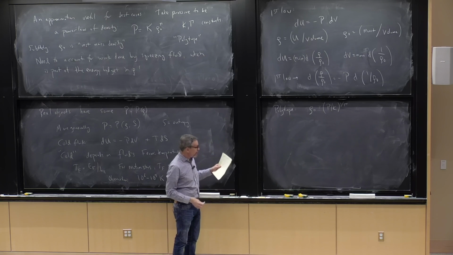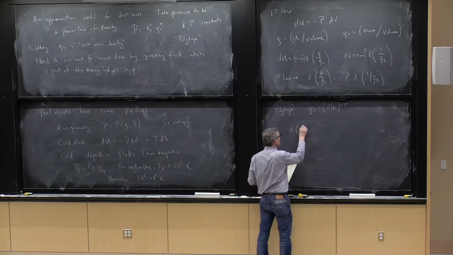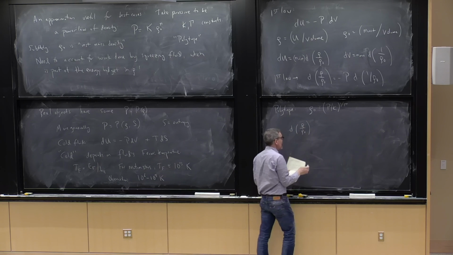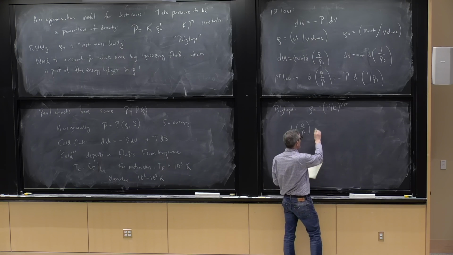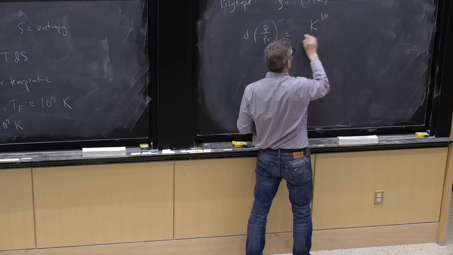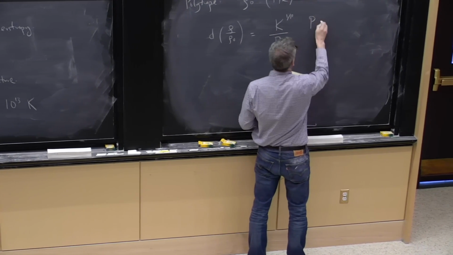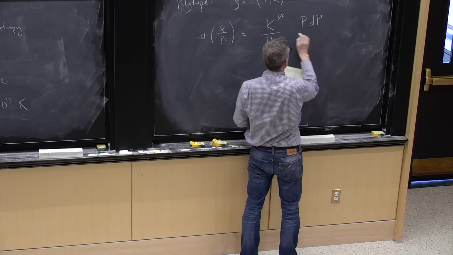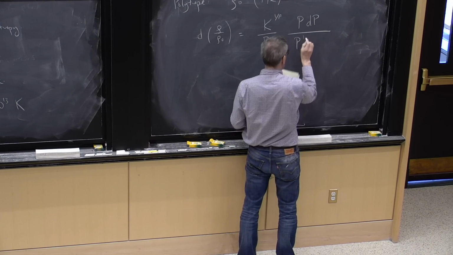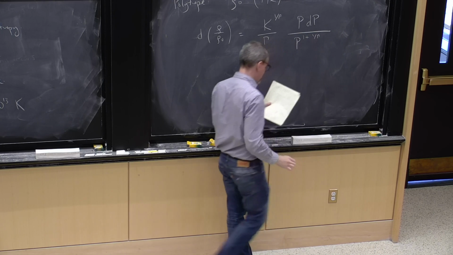Okay? So when I do that, I get d rho over rho 0 equals K to the 1 over gamma over gamma, P dP over P to the 1 plus 1 over gamma.